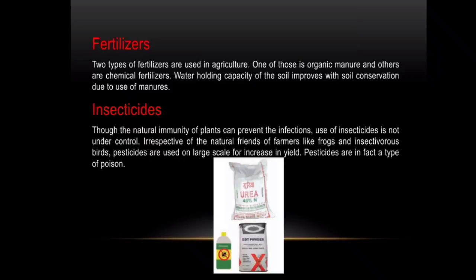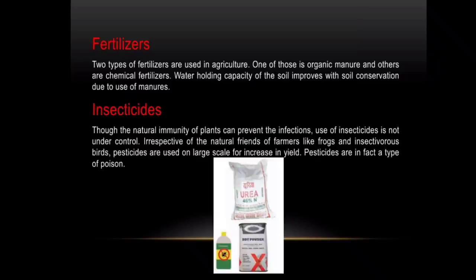Insecticides. Though the natural immunity of plants can prevent infections, the use of insecticides is not under control. Ignoring the natural friends of farmers like frogs and insectivorous birds, pesticides are used on a large scale for increase in yield.